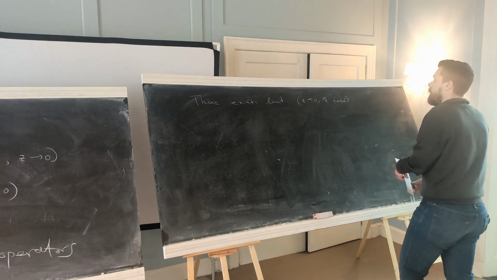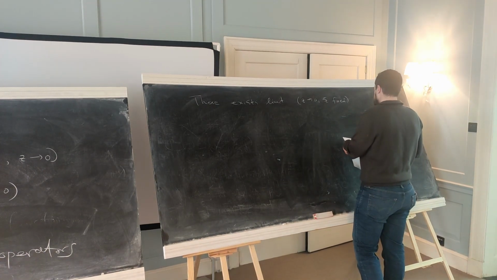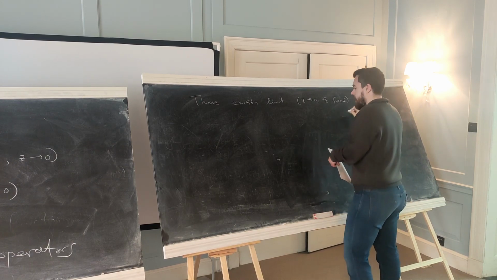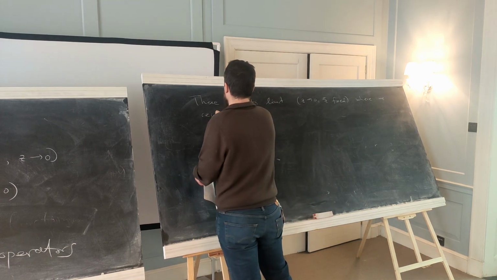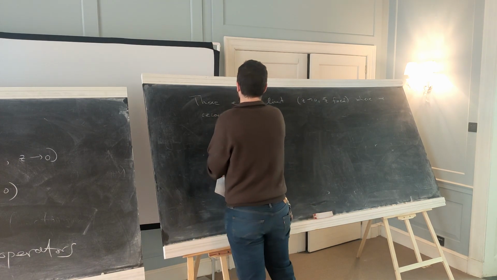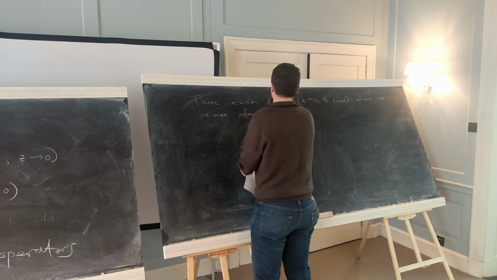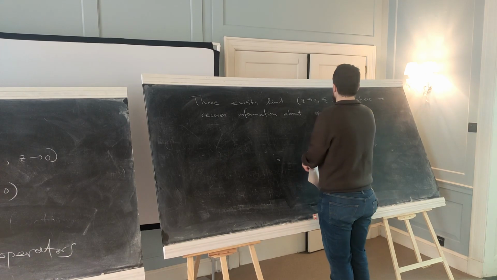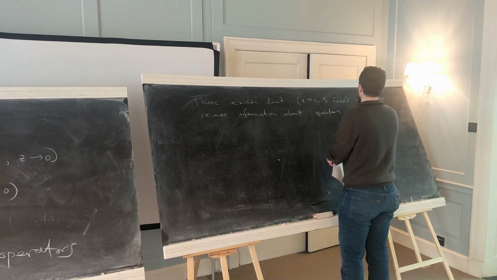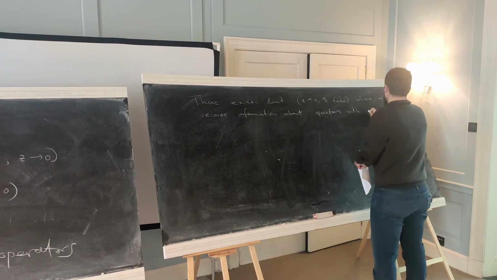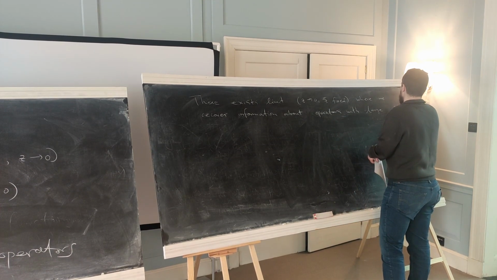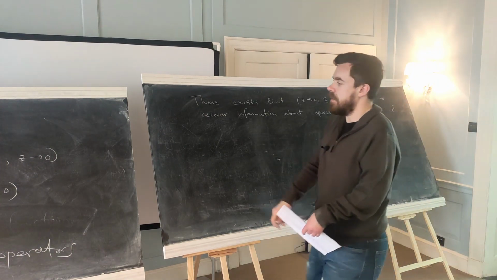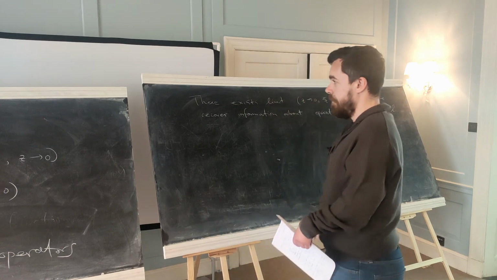It's this limit over here, where we recover information about operators with large spin L. So in this limit, basically the logic is similar to what we did, but the conclusion is a little different.